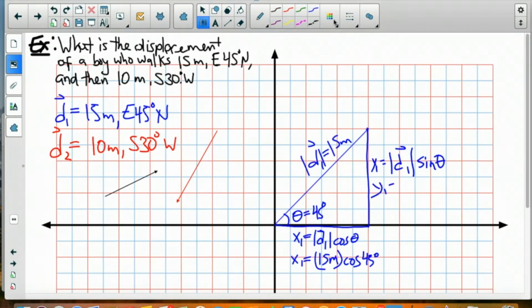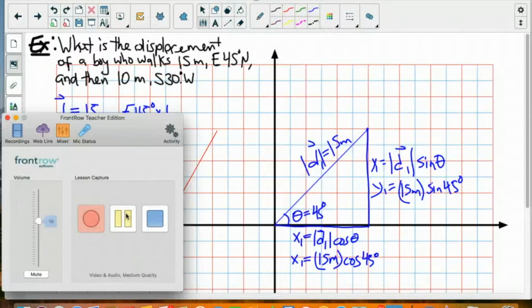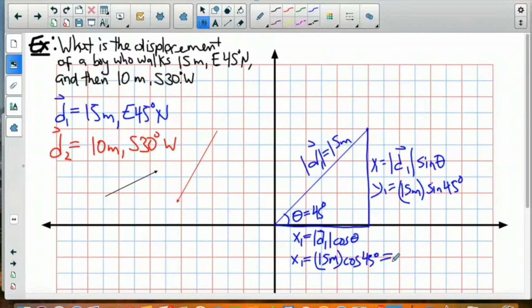And y1 is just 15 meters times the sine of 45 degrees. So for x1 we get 10.6 meters, and for y1 we get, should be the same, yeah, 10.6 meters. And we'll just take 3 sig figs for now.